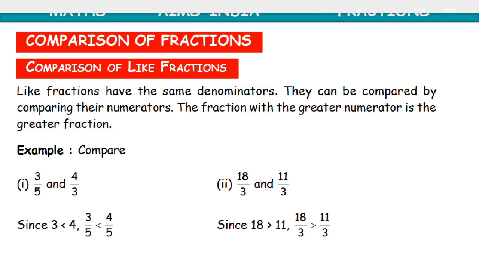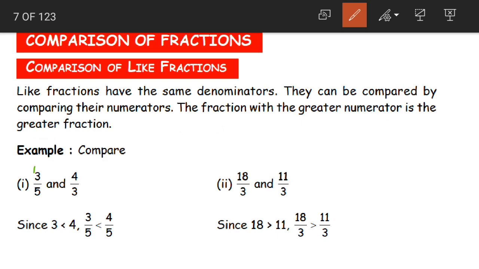Now as the like fractions have same denominators, for example 3 by 5 and 4 by 5. Typing mistake, children. Now these two are like fractions because they have the same denominators.